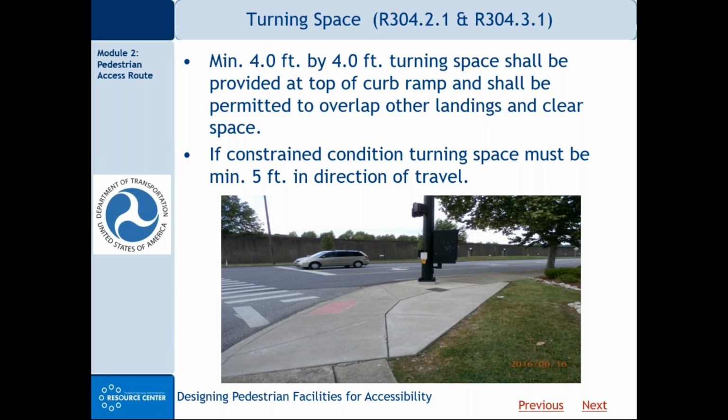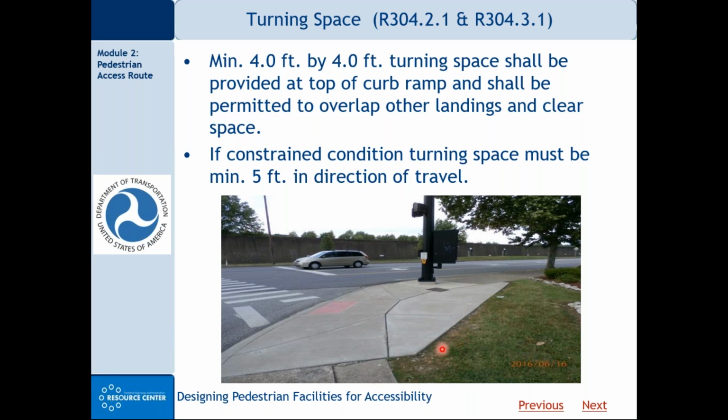But I should note that that dimension, that minimum, applies for what's called an unconstrained condition. And look at the ramp that's here. We have a curb ramp and then we have a turning space at the top. And notice adjacent to the turning space at the back of the sidewalk is basically grass.